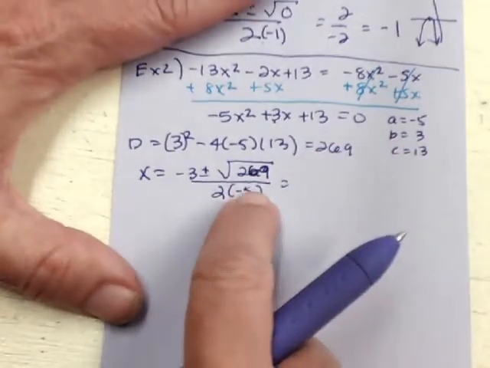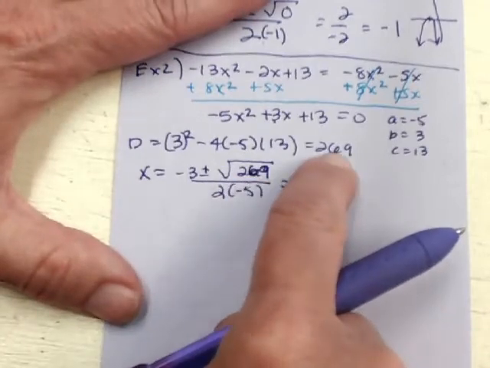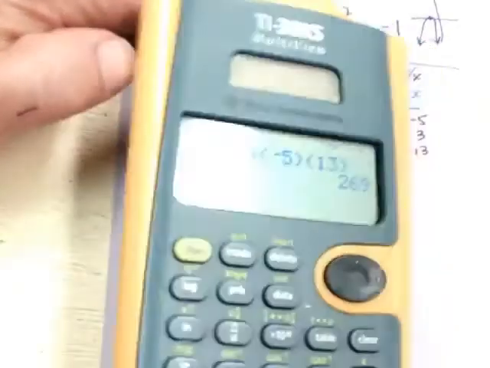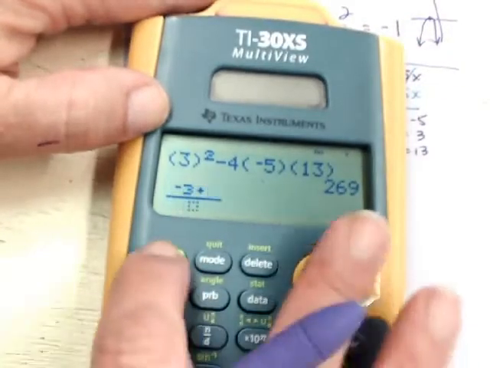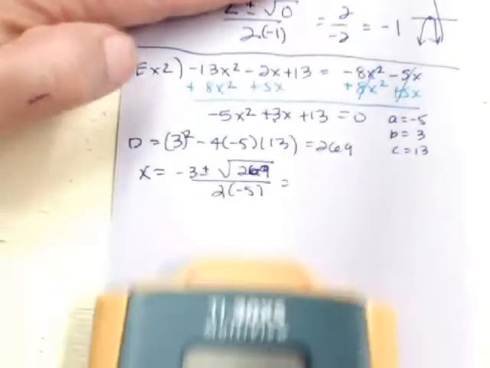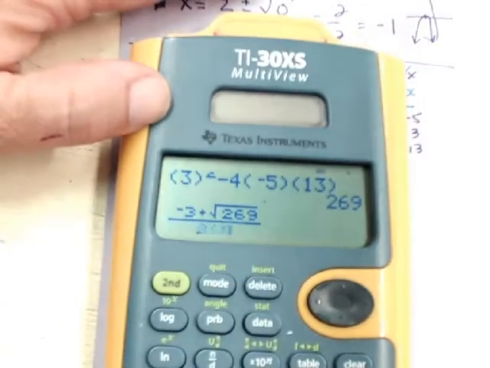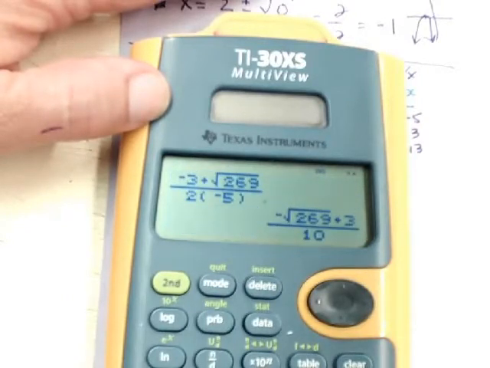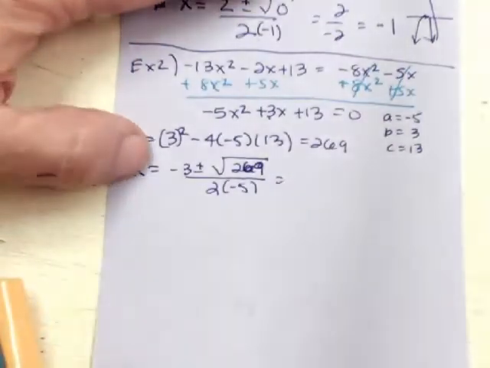269 is my discriminant that was right here. So let's go to the calculator, hit your fraction, negative 3 plus the square root of 269 over 2 times negative 5. And this is what I get. Did I do that right? The opposite of b is 3.